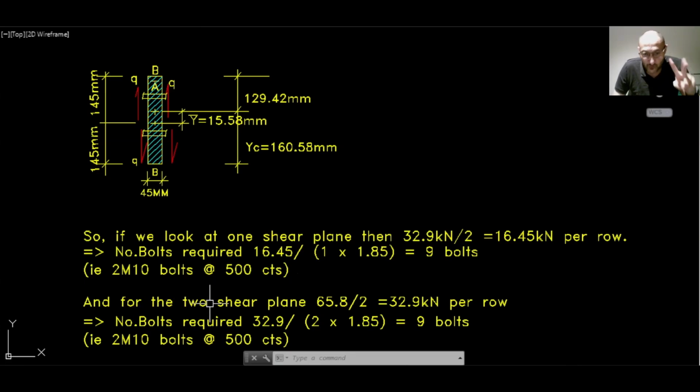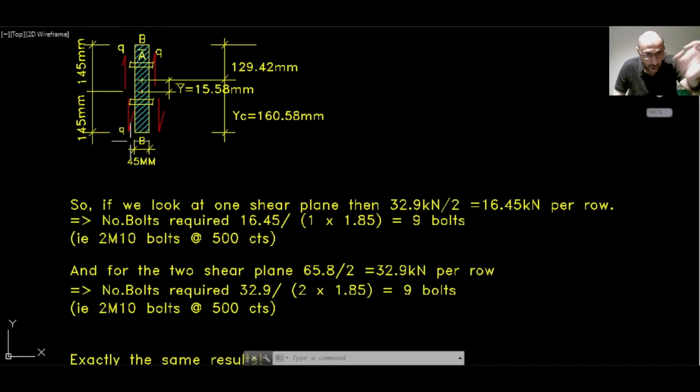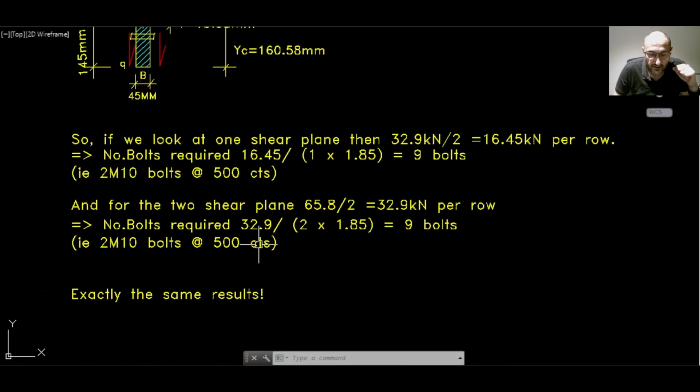And if we have 2 shear planes like what we have here, exactly that same scenario we have here when we pulled out the element BB away from the rest of the section, we have then 65.8 divided by 2, which is 32.9 per row, 32.9 kilonewton per row. Therefore, the number of bolts required will be 32.9 divided by 2 multiplied by 1.85. And we put 2 here because there will be double shear.